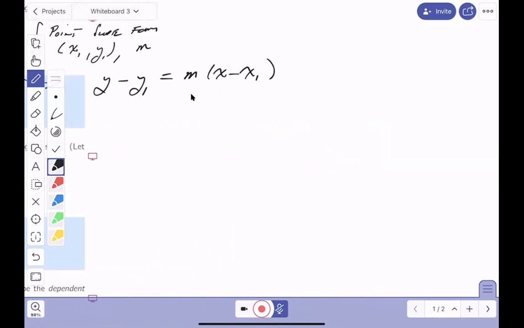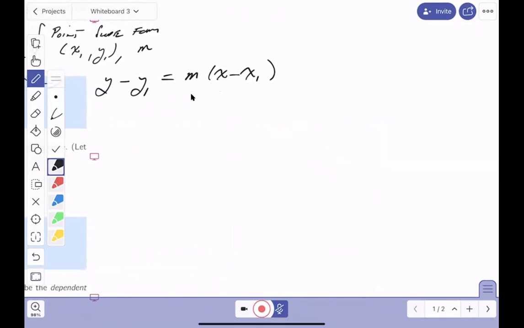Now, what's the other form I like? Well, maybe I don't like it, but other students like it. The other form is called slope-intercept form. Before I write it, I want to tell you what you need. You need a slope, and you need the y-intercept.